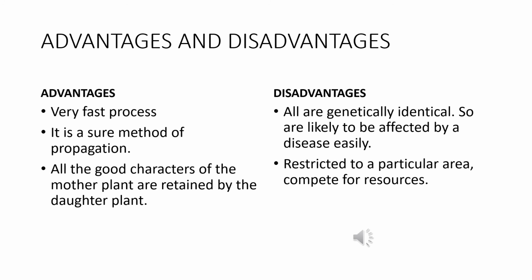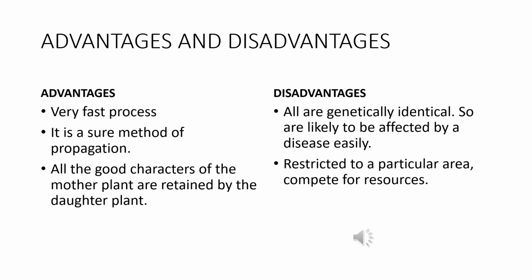Besides the advantages, there are some disadvantages. So what are the disadvantages? They are all genetically identical, right? So they are likely to be affected by a disease very easily. Suppose I am planting a carrot and growing a new plant, and from that plant another new plant is growing. They are all genetically identical.